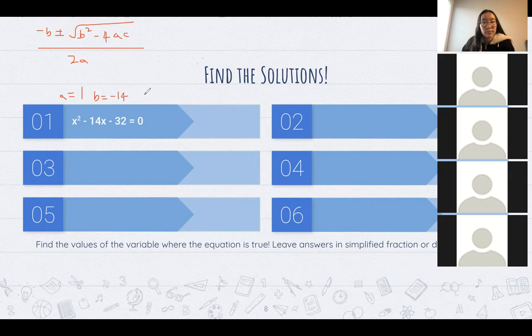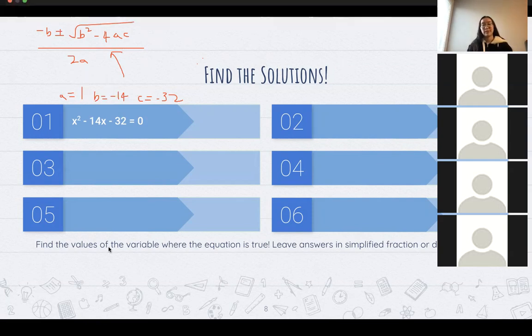Negative 32. Exactly. Good work. Now you have to plug these numbers into this equation up here. Everywhere there's an a, put 1, and everywhere there's a b, put negative 14. Then you have to do all the math and solve it. I'll give you guys 4 minutes for that.